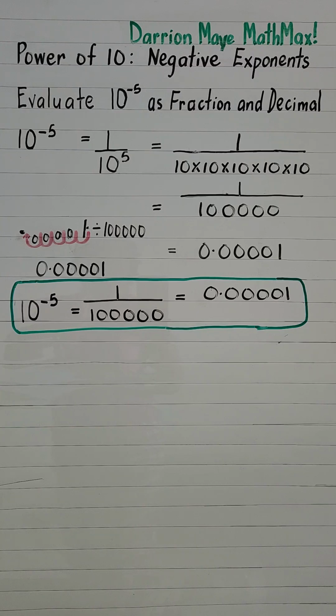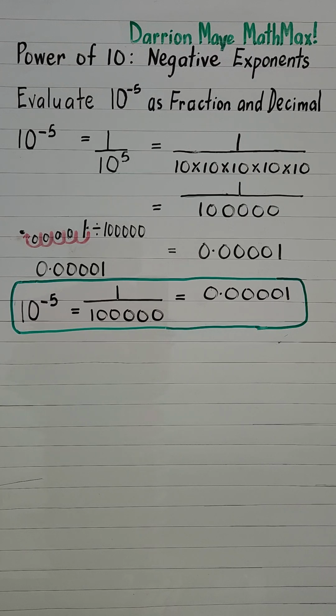And as a fraction, we would evaluate 10 to the 5th by multiplying 10 by the number of times that the exponent says. So the exponent is 5, so we multiply 10 5 times. And that will give us, as a fraction, 1 over 100,000.